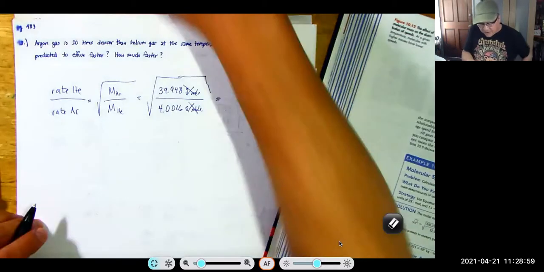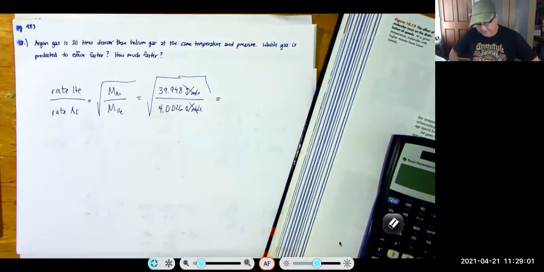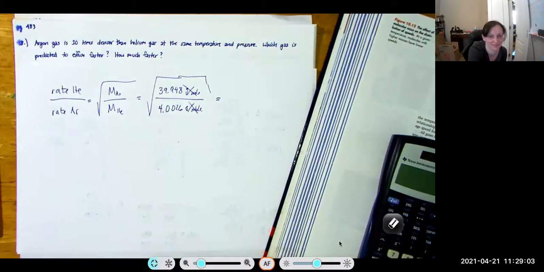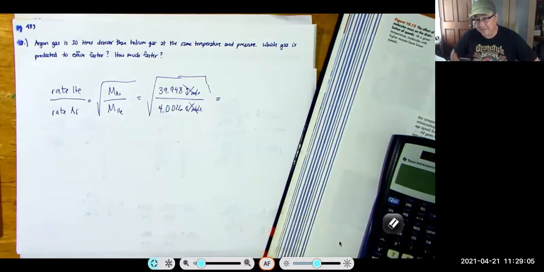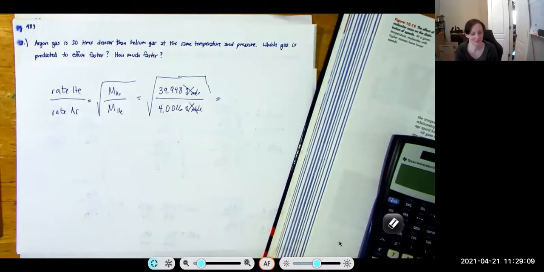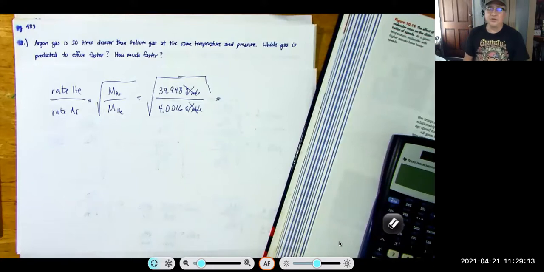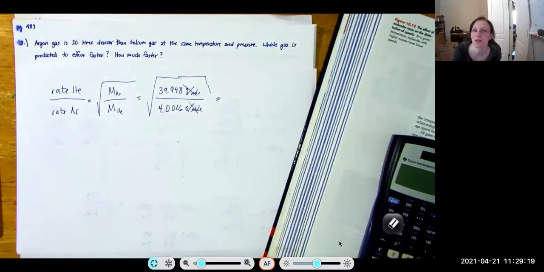So what is 40 divided by 4? 10. What is the square root of 10? I don't know. Well, what is 1 times 1? 1. What's 2 times 2? 4. What's 3 times 3? 9. What's 4 times 4? 16.